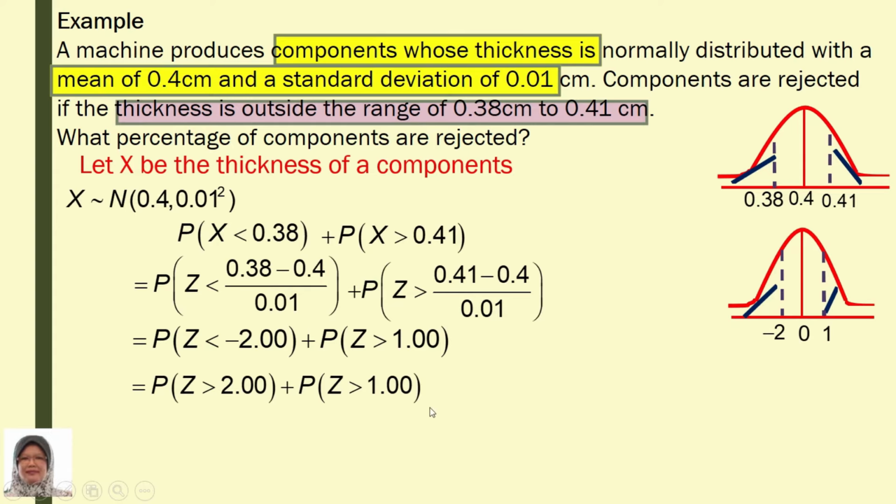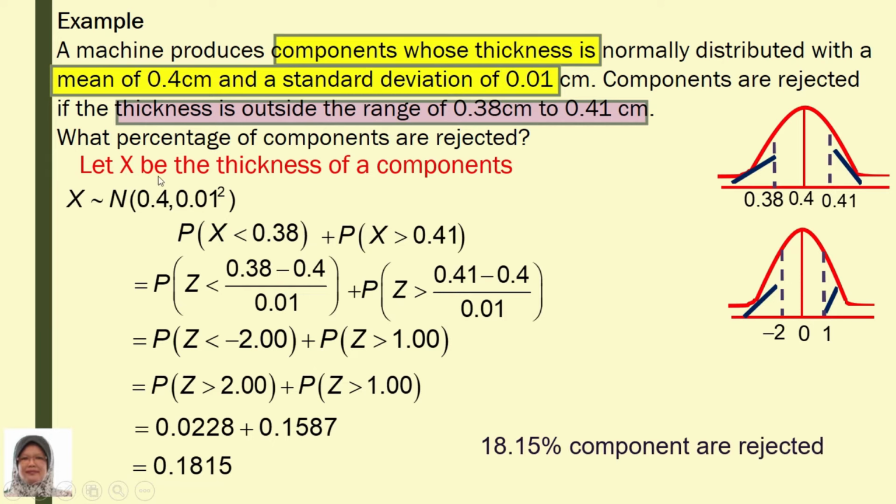Reading from the table, 2 gives 0.0228 plus 1 gives 0.1587, and the answer is 0.1815.